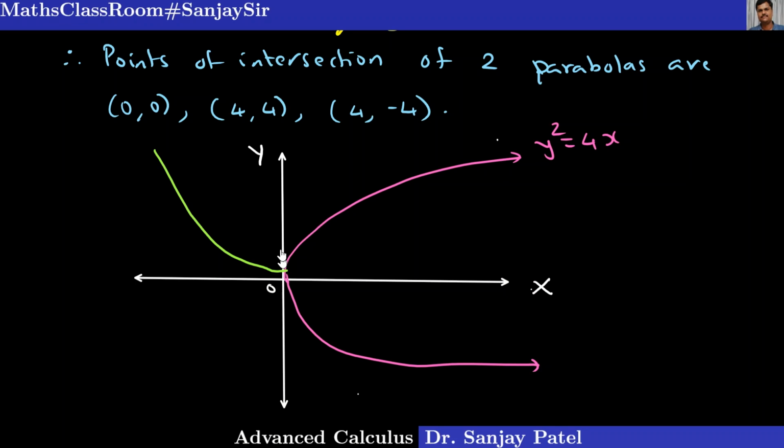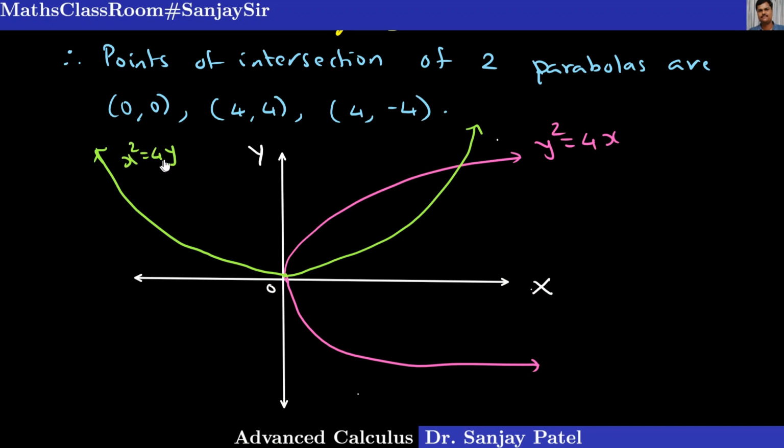It is passing through origin, so I must draw nicely. Let me draw this way first, and that is the only important part for us. Okay, fine. So this is the curve x square is equal to 4y.